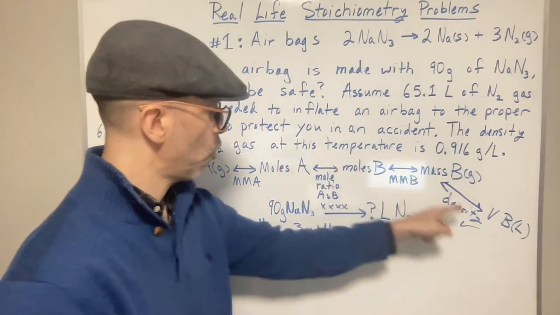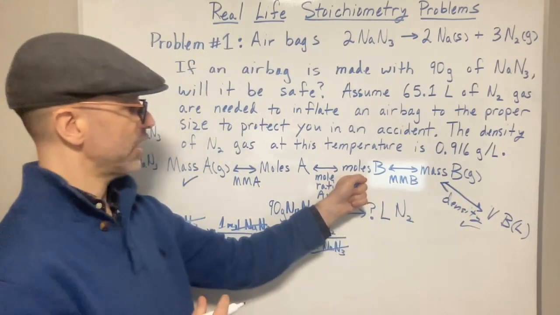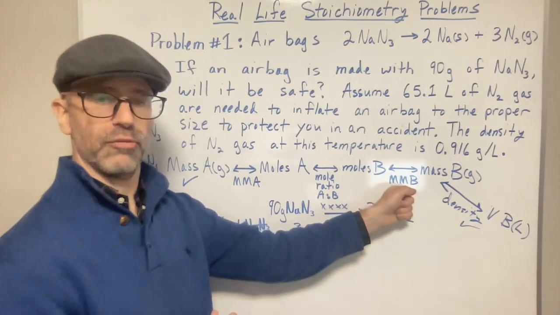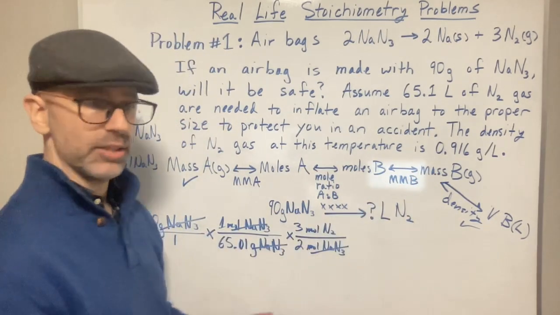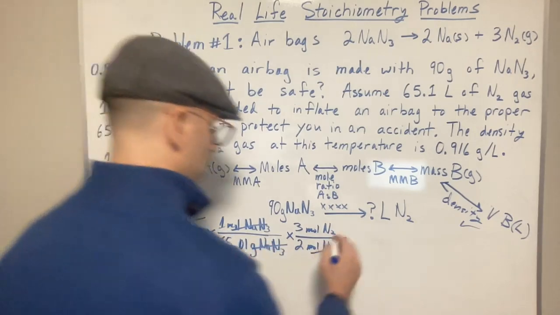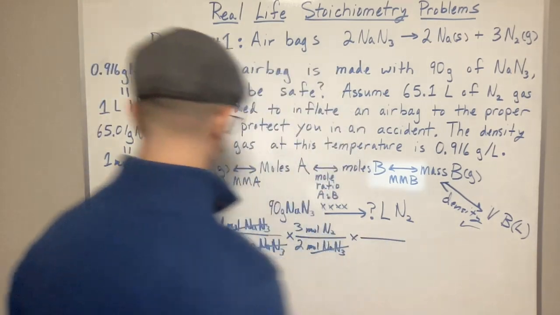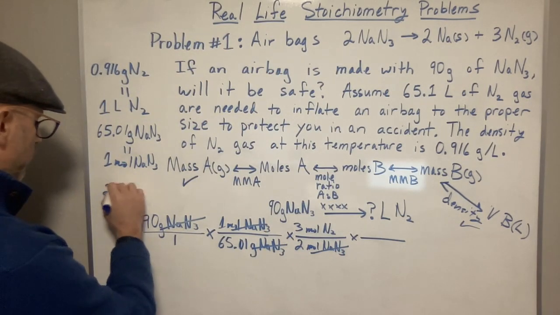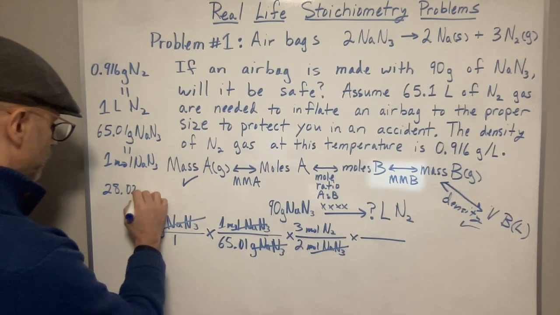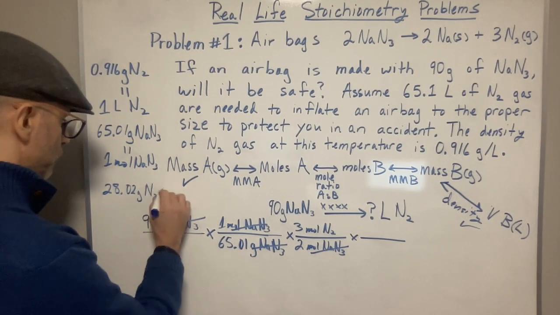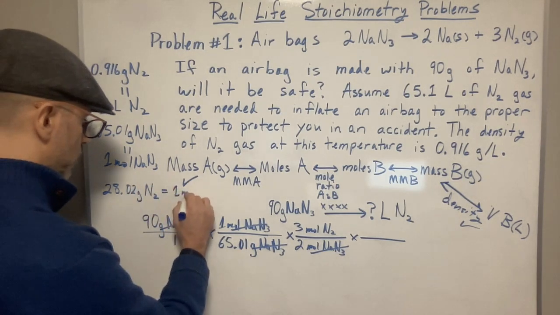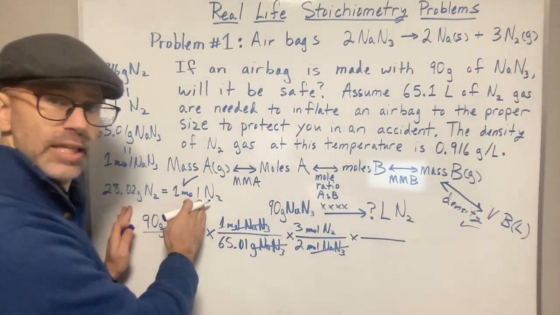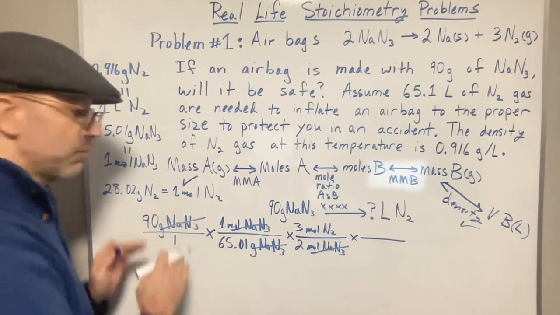I've got 2 more steps. So now what's the next step? Moles of B to the mass of B in grams. I'm going to use the molar mass of N2. And so there, as we said before, the molar mass is 28.02 grams of N2 is equal to 1 mole of N2. So now I have this relationship here that I can use as a conversion factor.